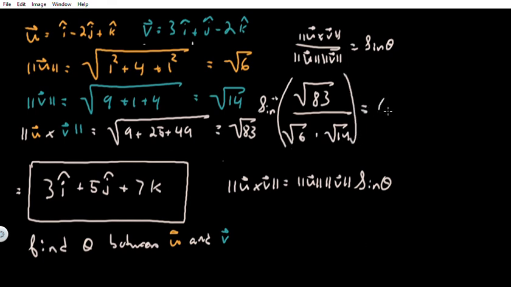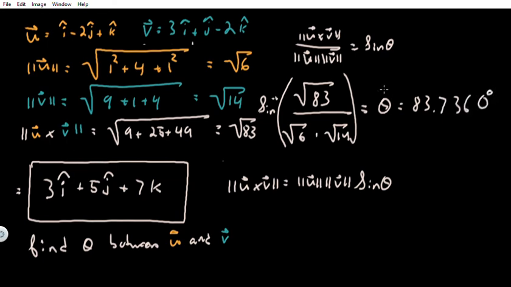So I would have to take the arc sine, or inverse sine, of this quantity, and that would give me the angle theta. So let me get my TI-84 out. I'm working in degree mode, but you can work in radian mode if you want. I would get that the arc sine of the square root of 83 over the product square root of 6 and 14 gives an angle of about 83.7360 degrees.